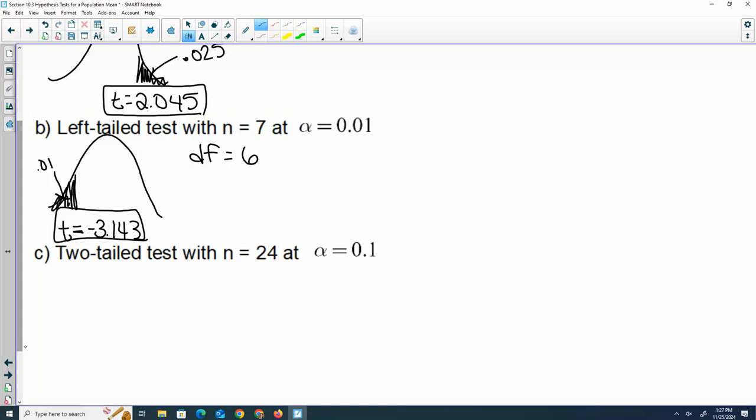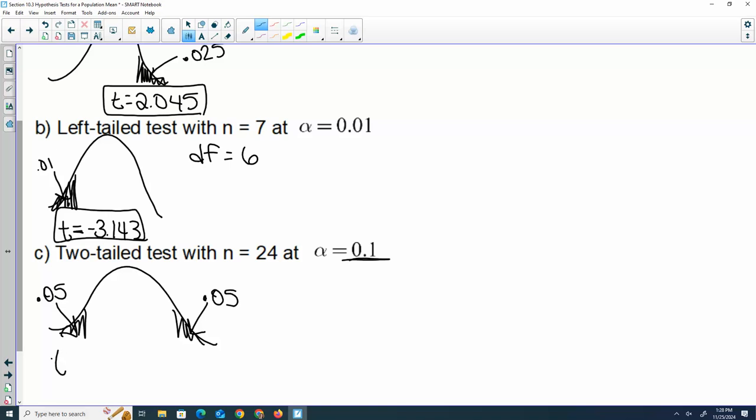C is two-tailed. Now my alpha is 0.1. But if it's two-tailed, how much will be in each tail? 0.05. You have to divide it by half because it's 10% total, but 5% in each tail. So when I look it up, I'm looking at the 0.05.